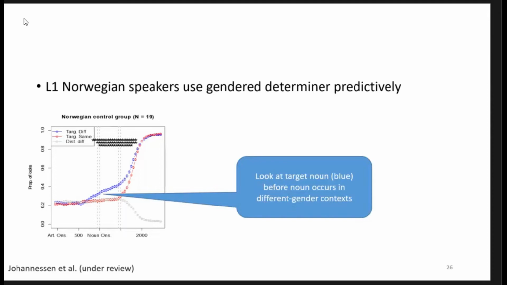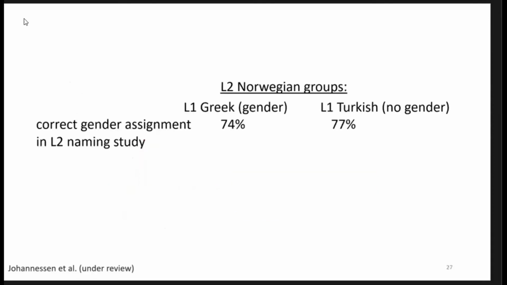So the nice thing about the study by Johannesson is that they also did that with L2 Norwegian groups. So we're actually 3 groups, but I'm going to show you the data for 2. And what I like about this study is that these groups were matched on proficiency. So they had people do a gender assignment study in the L2 Norwegian.